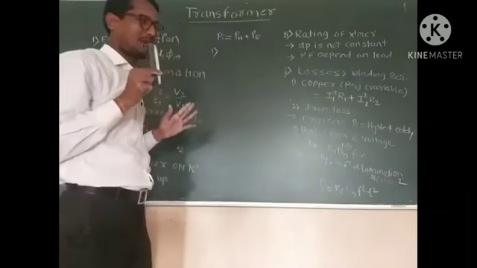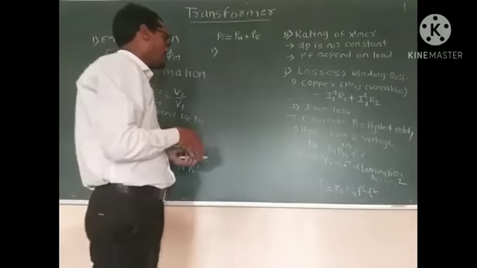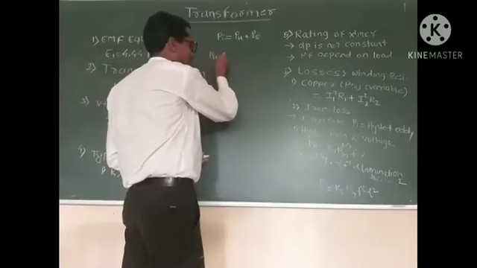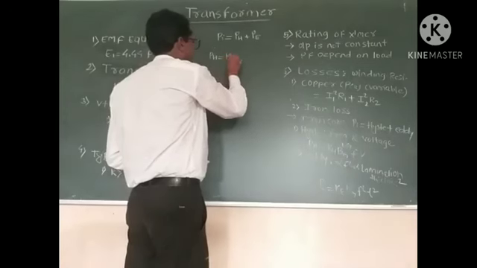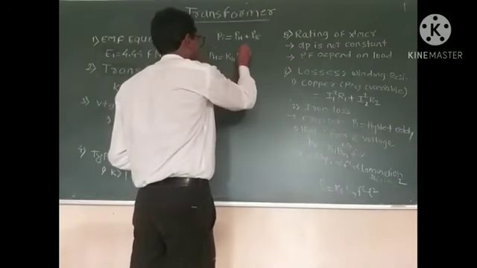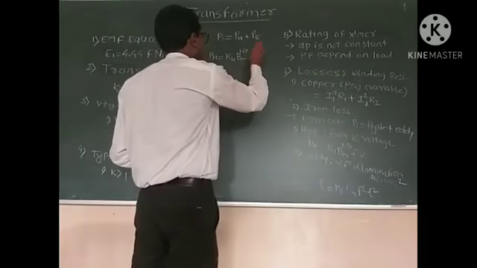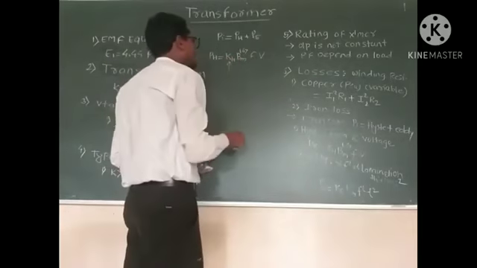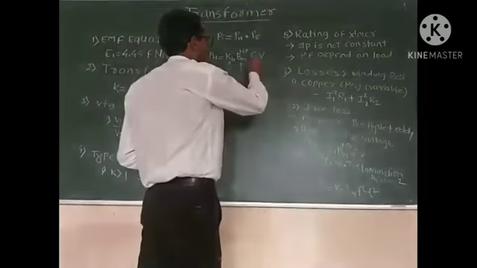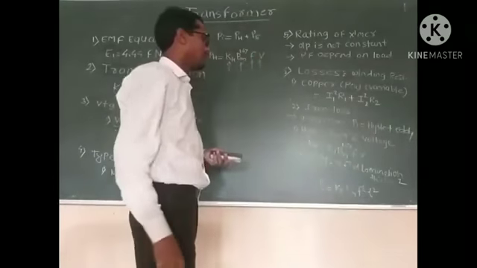The formula for PH is KH Bm raised to 1.67 times F times V. KH is the hysteresis constant, Bm is the magnetic flux density, F is the supply frequency and V is the supply voltage.